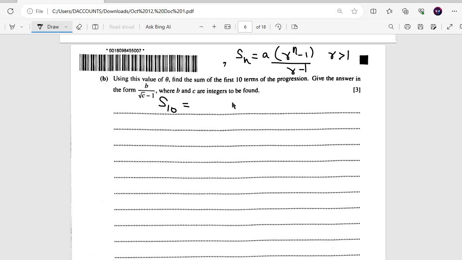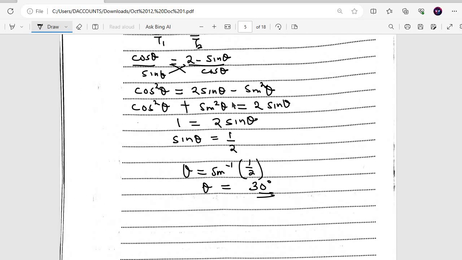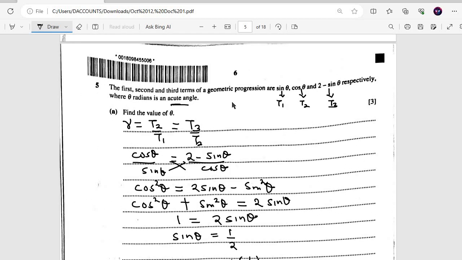What's our first term? Let's go back. The first term is sine 30, and sine 30 is half. Let's check it. Yeah, it's half. Our common ratio is cos 30 over sine 30.